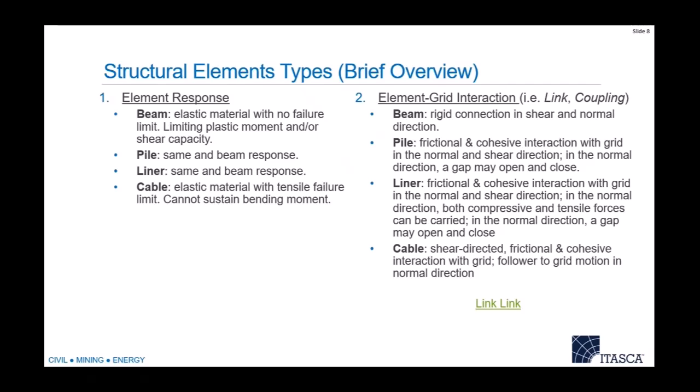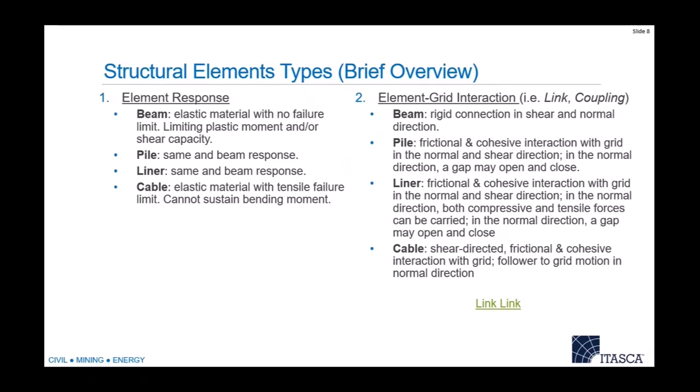So beams are always rigidly connected in both the shear and normal direction. Ideally, a beam, and I don't know if I've ever seen a beam used for any other application, is for support in a trench. You do this all the time in civil engineering.